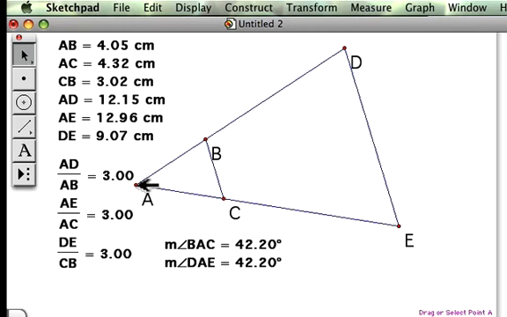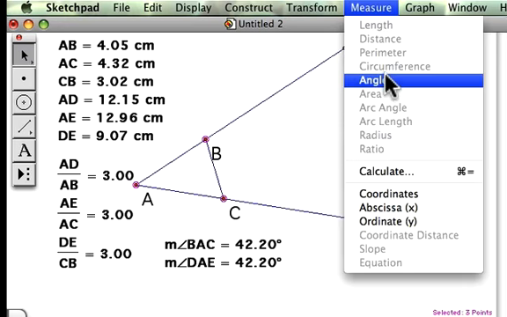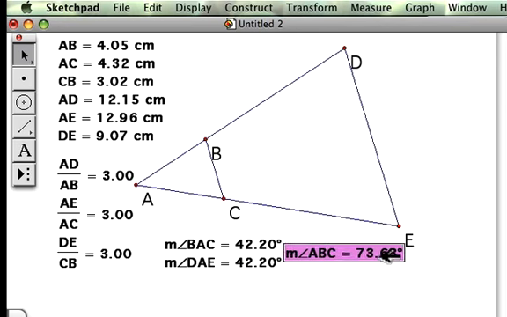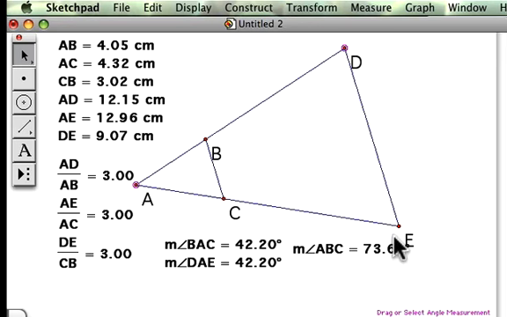The next pair of corresponding angles, we're going to click on A, then B, then C. And those two corresponding angles are equal. And ADE is the corresponding angle.